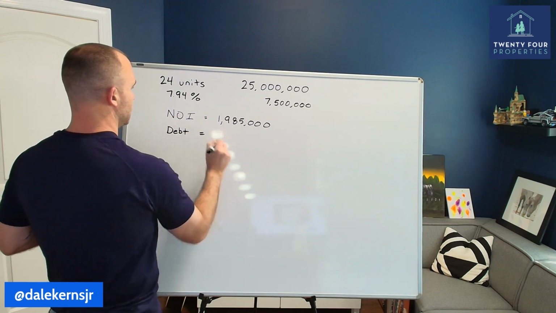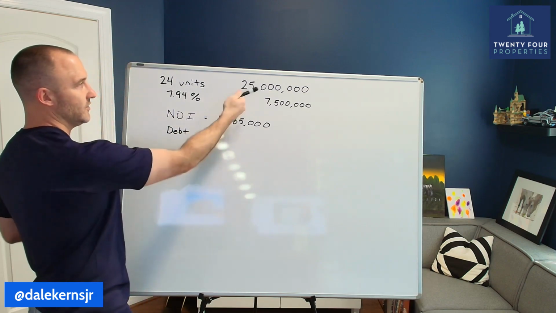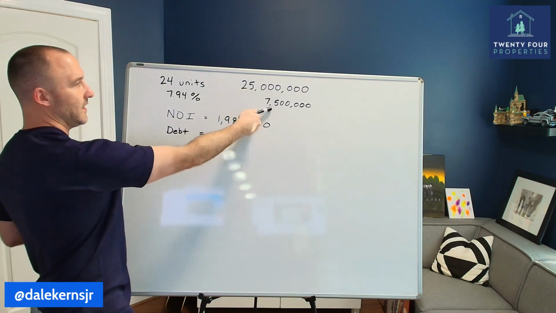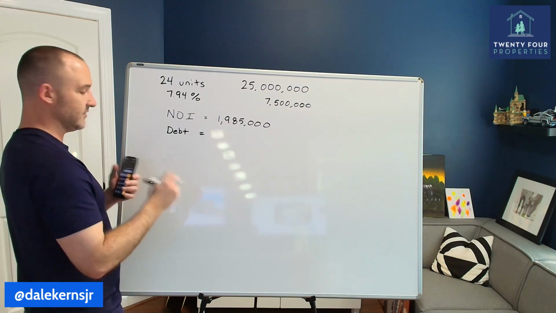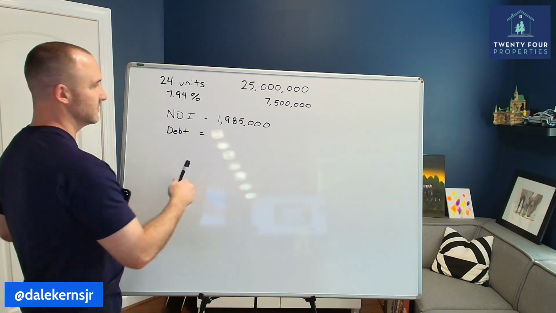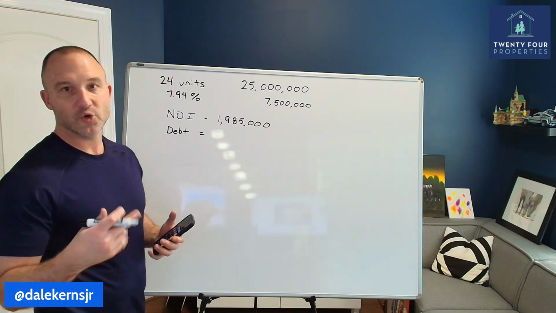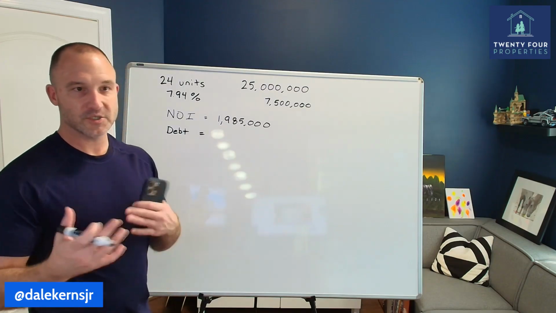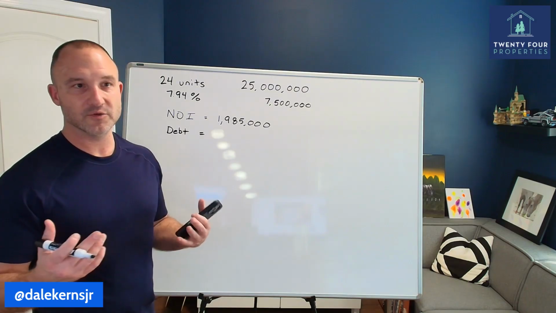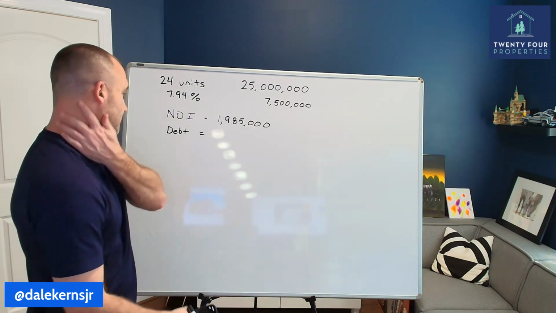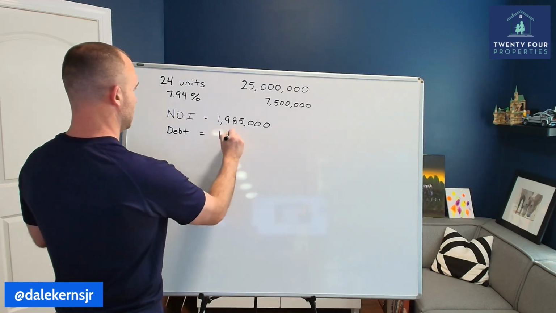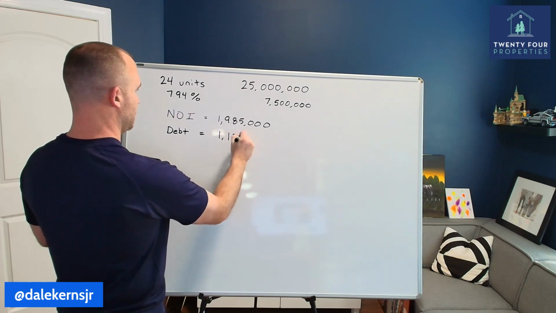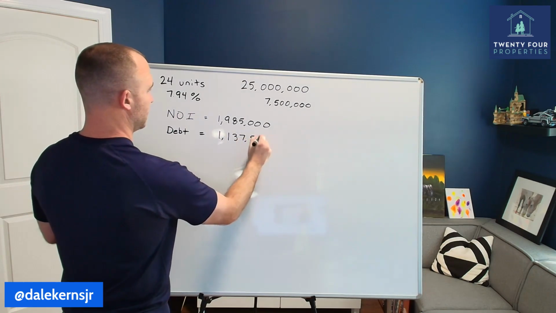So to get our debt, we took the purchase price minus our down payment, which leaves 17.5 million, times 0.065, which is just a generic rate that I use for principal and interest payments. That gives our debt, which is about 1,137,500.